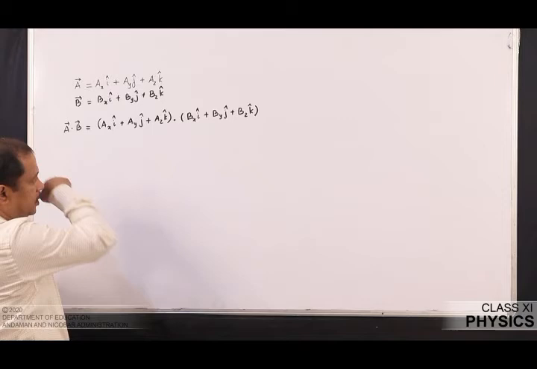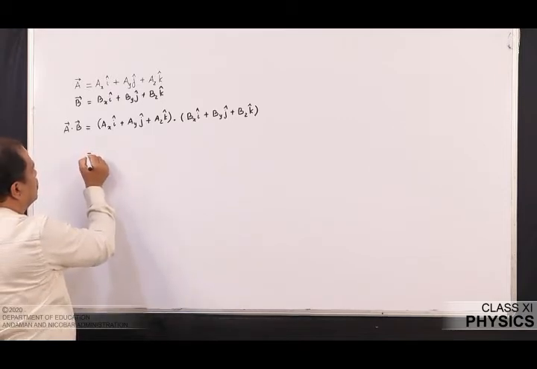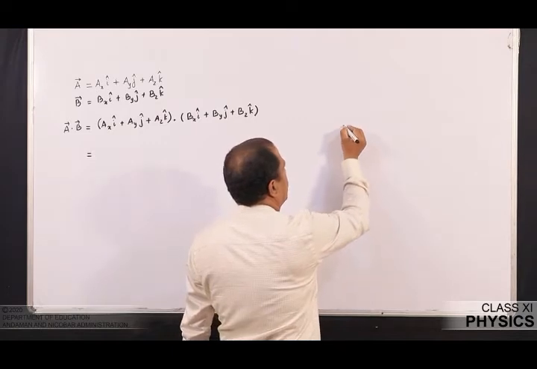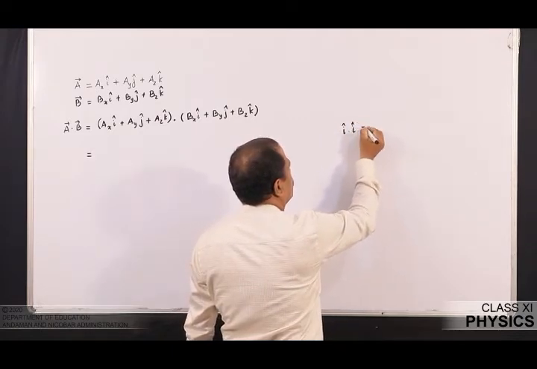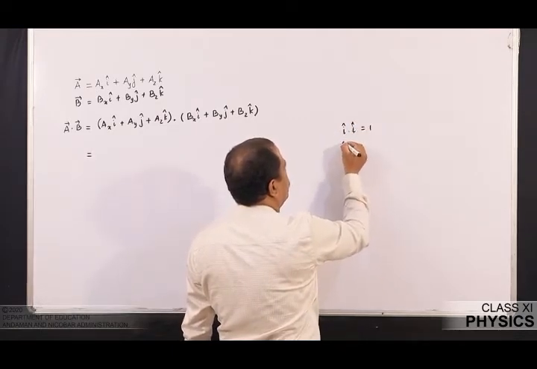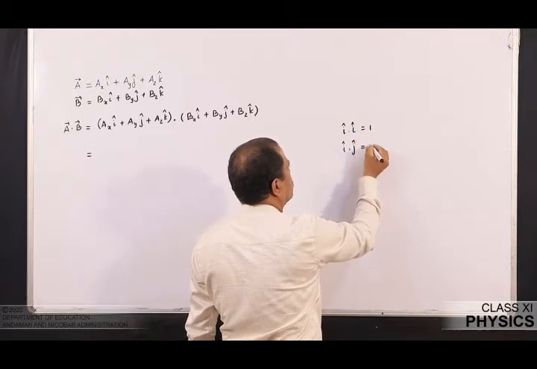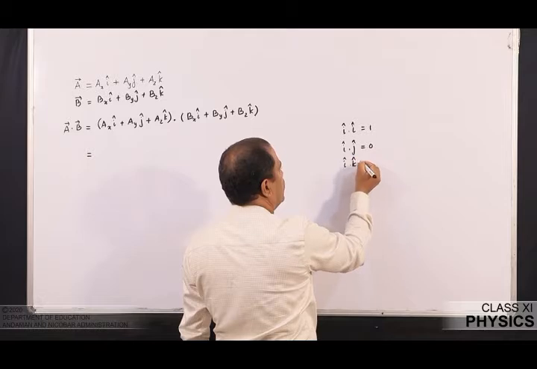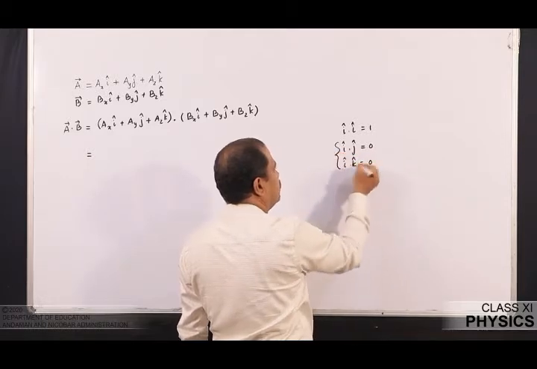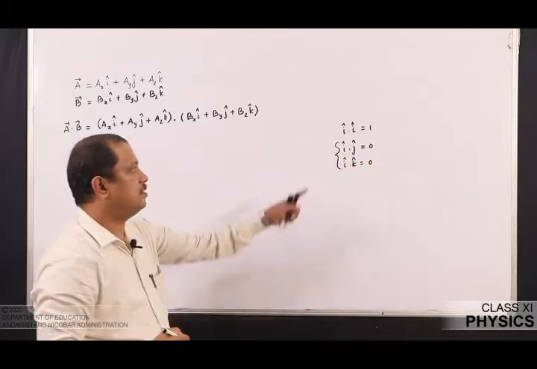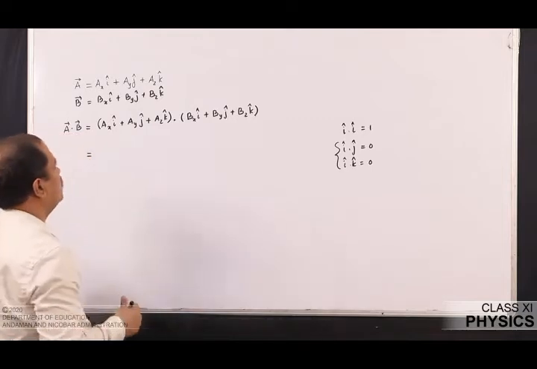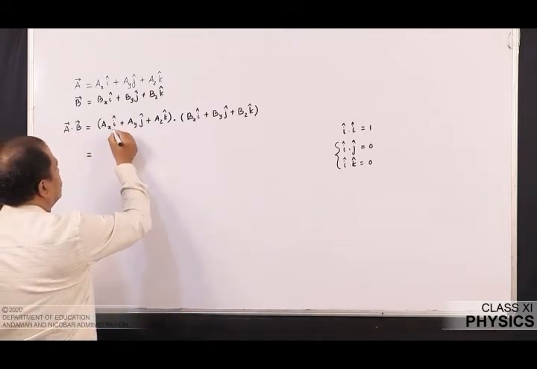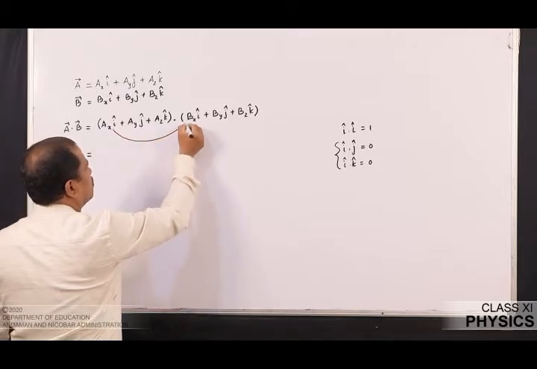Now when I try to find the dot product, I will keep in mind that I just studied that i dot i is going to be 1 for me, and if I have two different unit vectors, like i dot j or i dot k, this is going to be 0. So for dissimilar standard unit vectors it is going to be 0. Keeping this property in mind, first I am going to take the first term and multiply with this one.